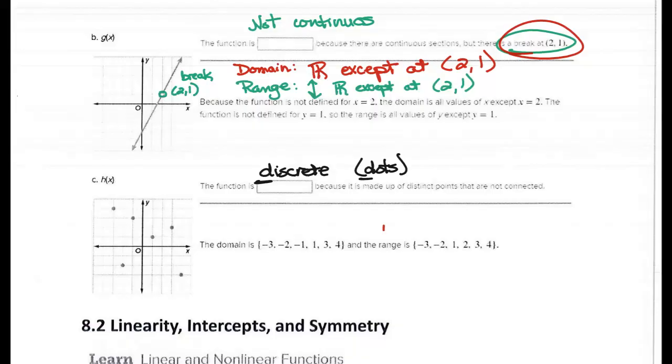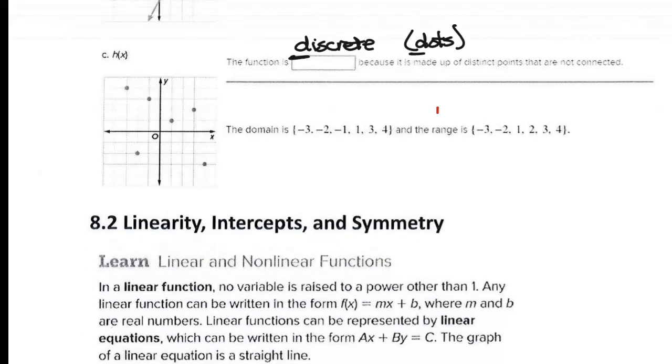So when you list the domain and the range, you have to talk about all the x values of those points. So this would be over here, -3, 1, 2, 3, 4. This point would be -1, 3.